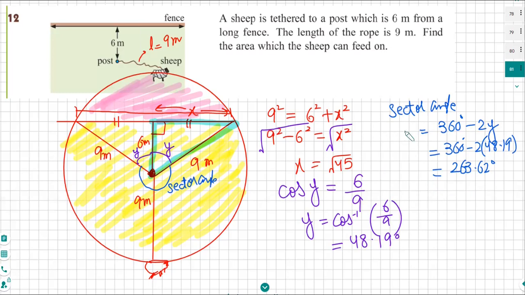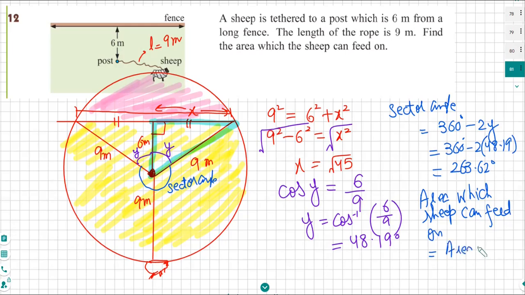Okay, now we can find the total area of this part. The area will be equal to this sector area plus triangle area.